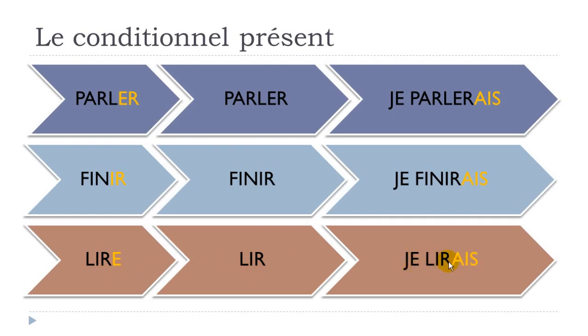Je lirai. All right, so the rule goes like, if you've got a final E then you take it away, you've got your form here, L-I-R, and then you add your ending, A-I-S, je lirai, okay? So you've got 3 forms here, and they're actually the conditionnel présent forms. Je parlerais, je finirais, je lirais, okay? Parler is to talk or to speak, finir to finish or to end, lire to read, okay?